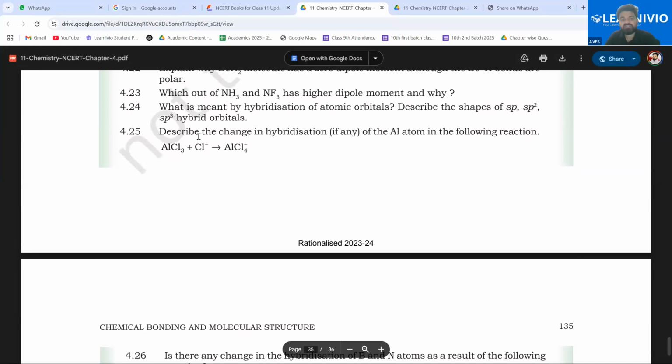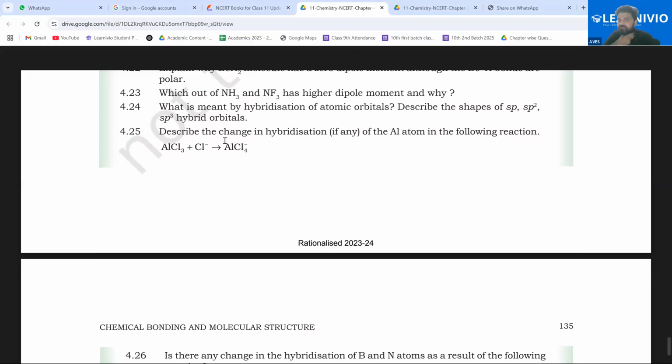Is there any change you observe when AlCl3 forms AlCl4 minus? Now the molecule has changed. AlCl3 is an AB3 type molecule.